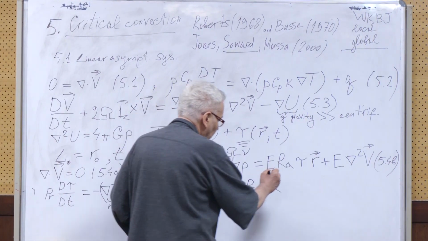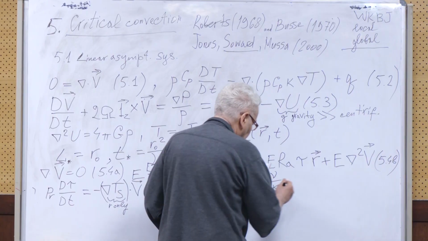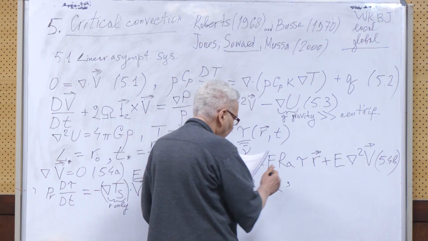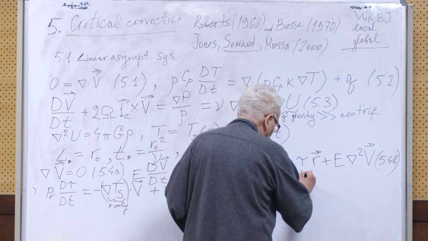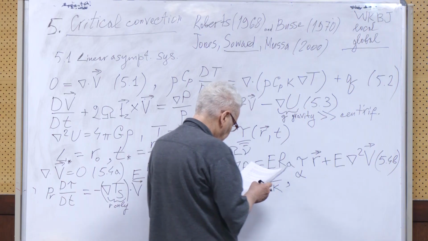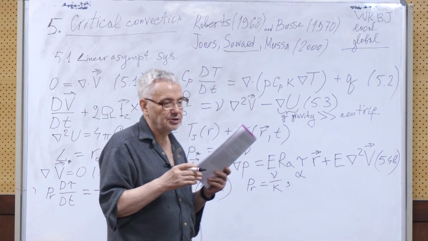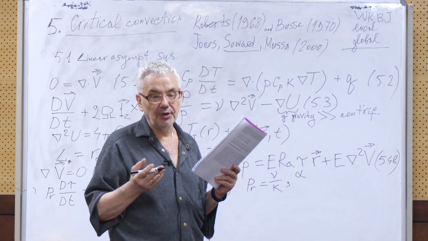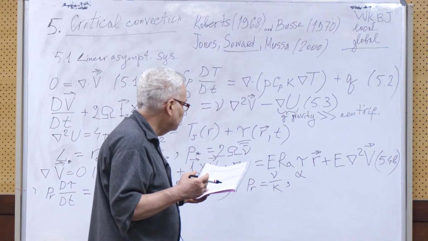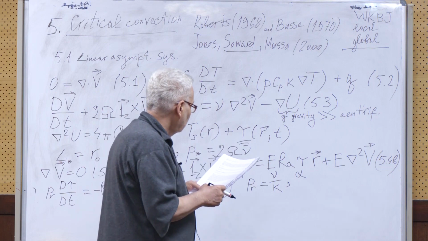Then the Rayleigh number is the ratio of all the terms that are responsible for generation. This is alpha, the expansion coefficient. So it shows how much the expansion is with the change of temperature. If temperature rises, this alpha coefficient gives the corresponding relation.